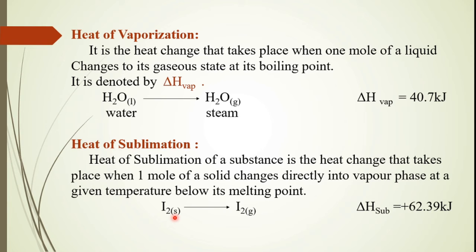In sublimation, the solid substance directly changes into its gaseous form, and whatever heat change occurs during this process is known as the heat of sublimation. Now when iodine in its solid state changes directly into its gaseous state, the heat change is equal to 62.39 kilojoules. Is it okay to you?